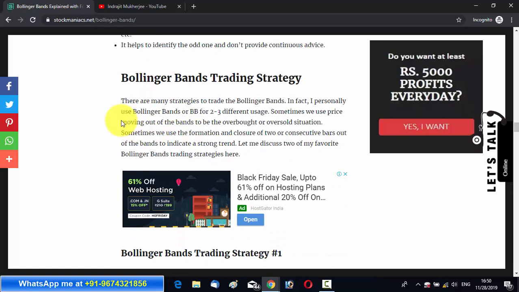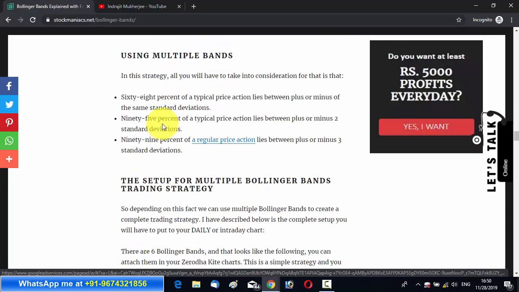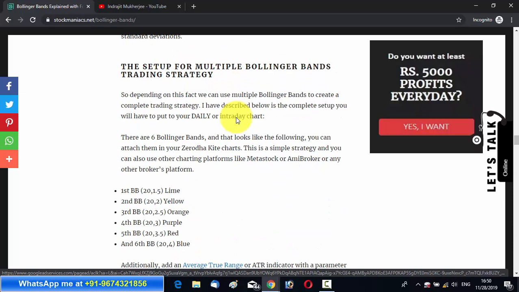Now the Bollinger Bands trading strategy. The first strategy: you can use multiple bands, creating a multiple band structure.